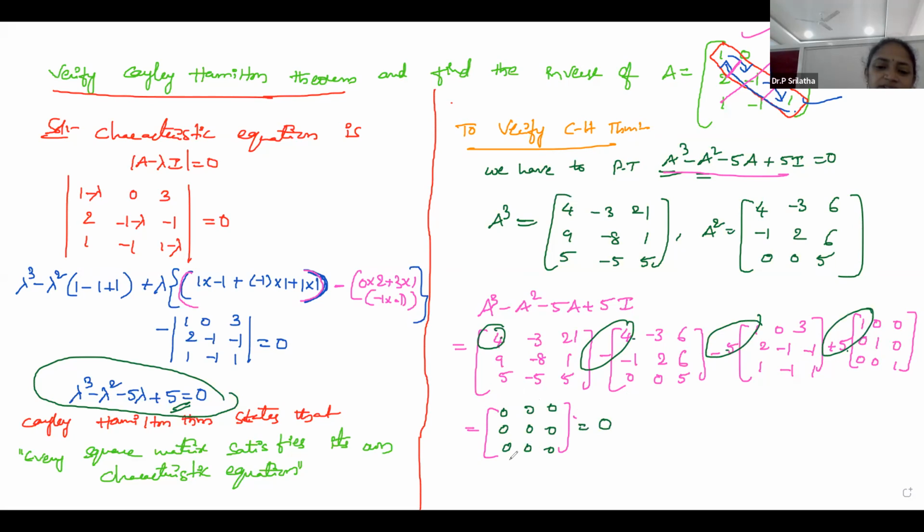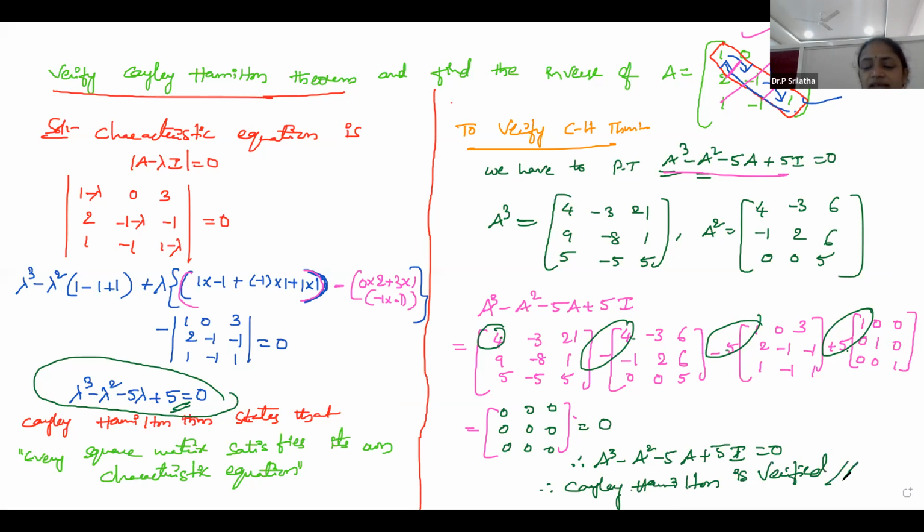So the entire equation will be equal to 0. Therefore A cube minus A square minus 5A plus 5I is equal to 0. So Cayley-Hamilton theorem is verified. From this we can directly write, hence Cayley-Hamilton theorem is verified.